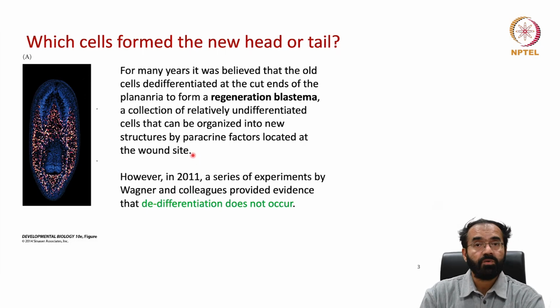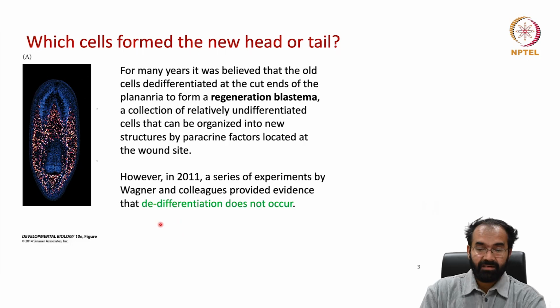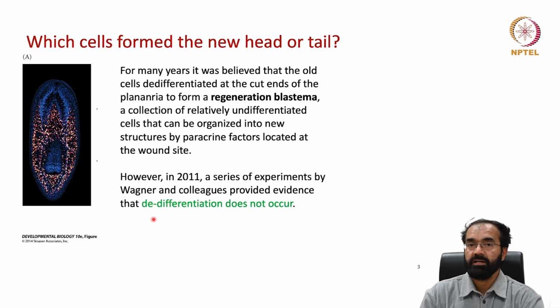However, in 2011, a series of experiments by Wagner and colleagues provided evidence that dedifferentiation does not occur. Until then, that was the popular belief, because there is a formation of a blastema, and how come those cells formed? From where are they coming? The animal doesn't have that group of cells.